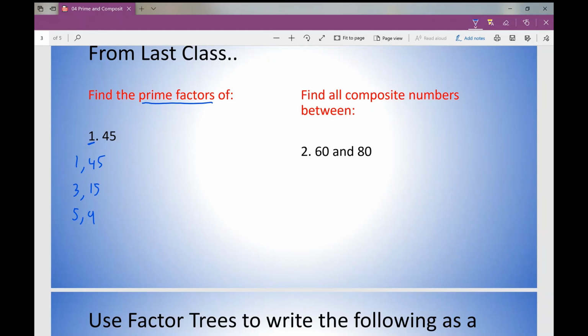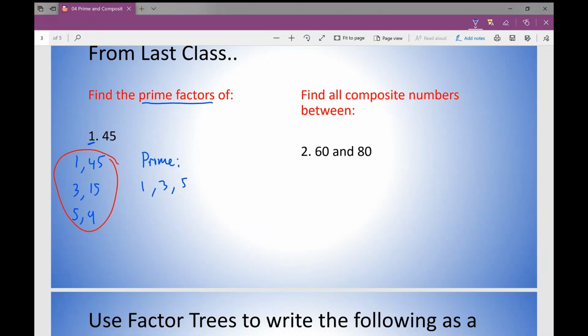So now that we've listed all the factors of 45 here, all we need to do is identify which ones of these are prime numbers. And from this list, we know that we have 1, 3, and 5 that are prime numbers.